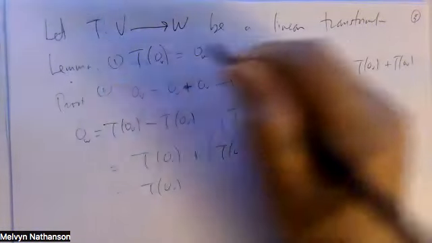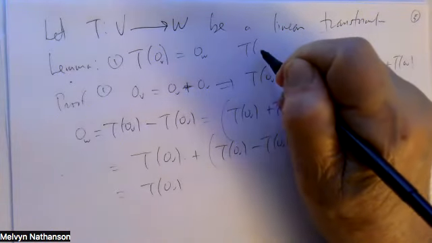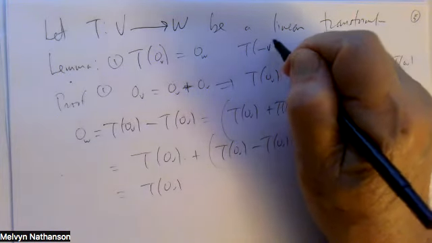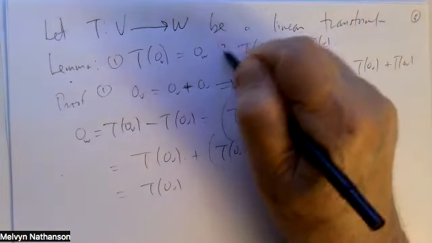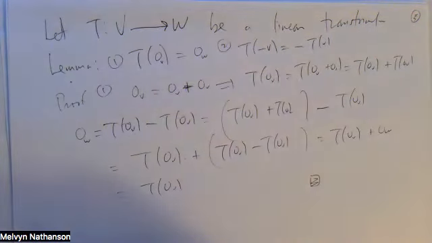And there's a second assertion, which is T of minus v is the same as minus the vector T of v. Right? Why is that?